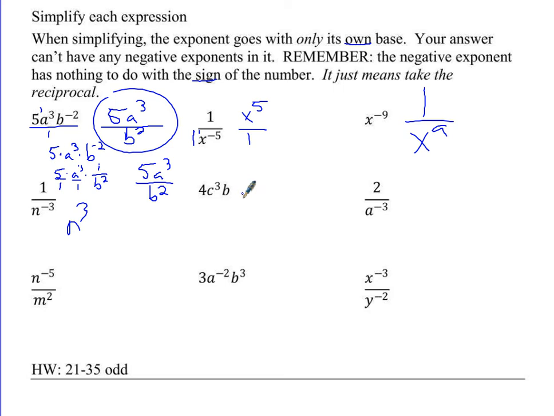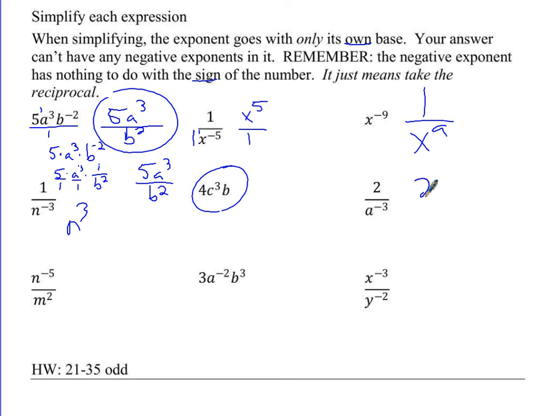What about 4c to the 3rd b? Yeah, there's no negative exponents there. There's nothing to do, so that's already the answer. How about 2 over a to the negative 3rd? Does the 2 need to move?